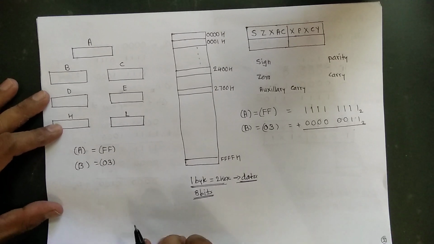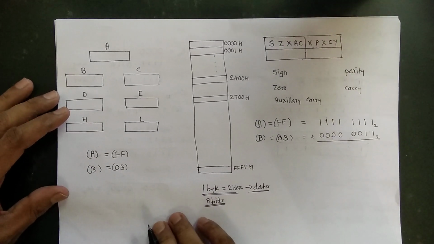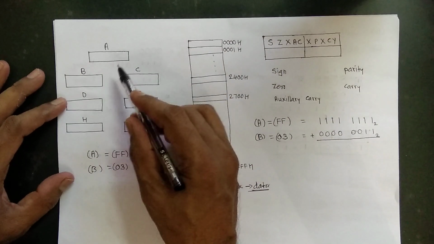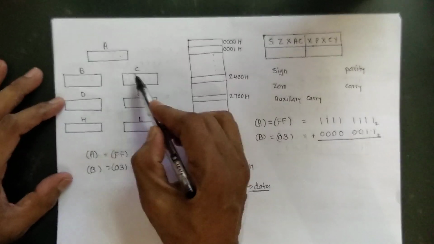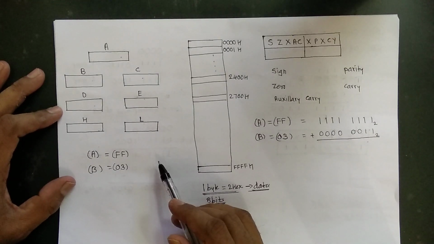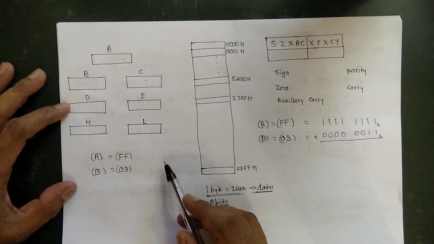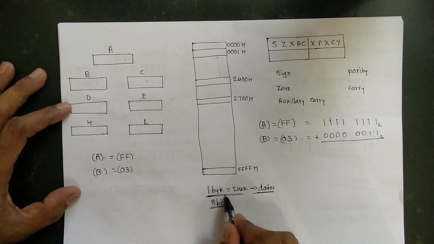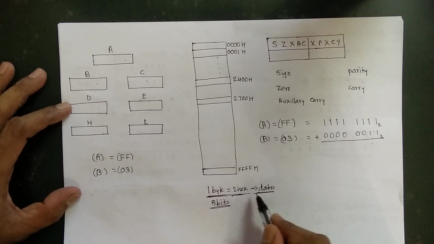Similarly, this microprocessor has 7 blocks, or boxes. And these boxes can also accommodate only one byte number, that is 2 hexadecimal digits, that is equal to 8 bits.